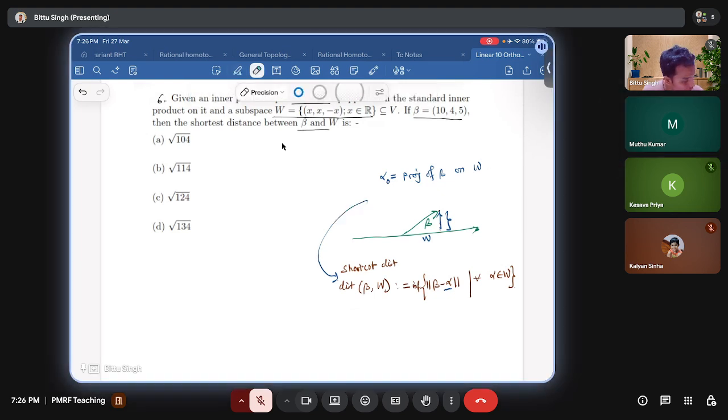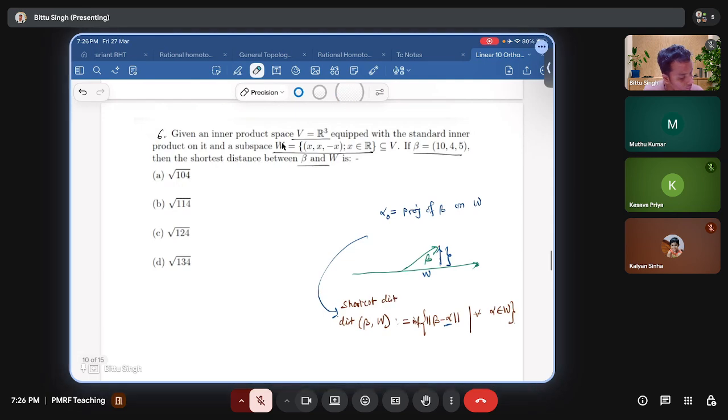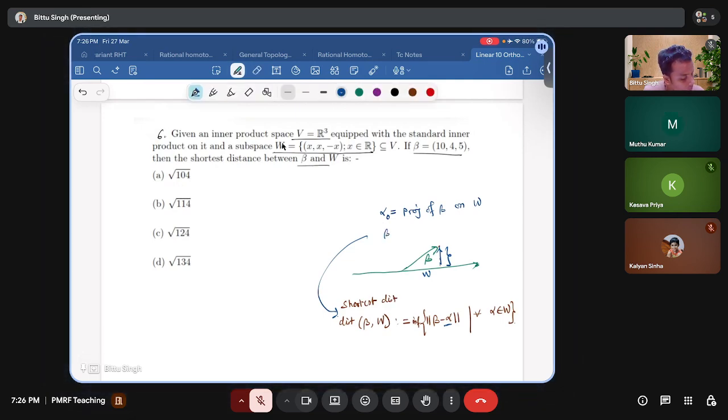Alpha 0 is the projection of beta on W, then beta minus alpha 0 gives the distance. We already know the projection formula.